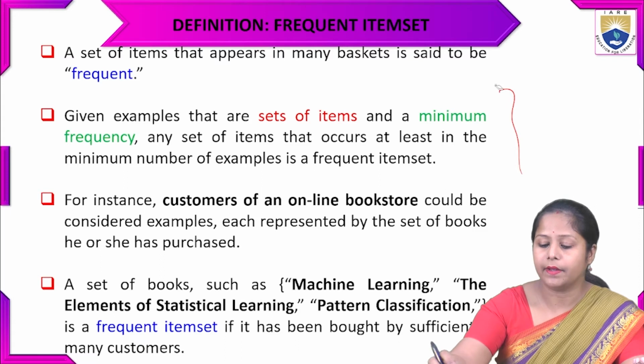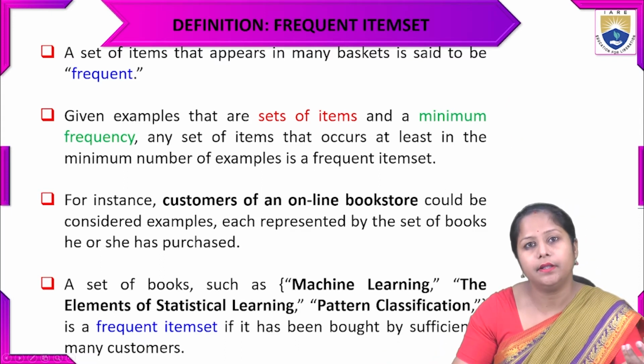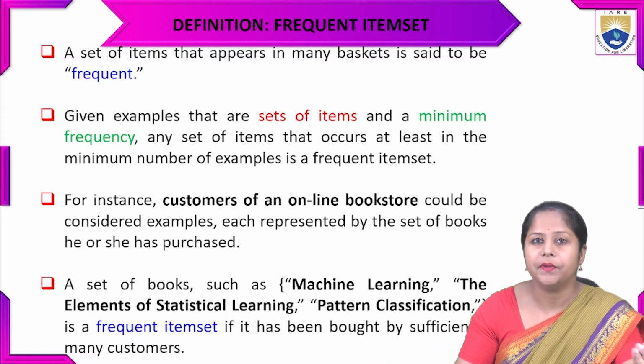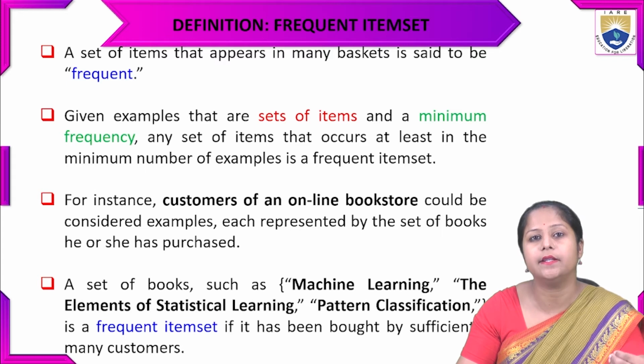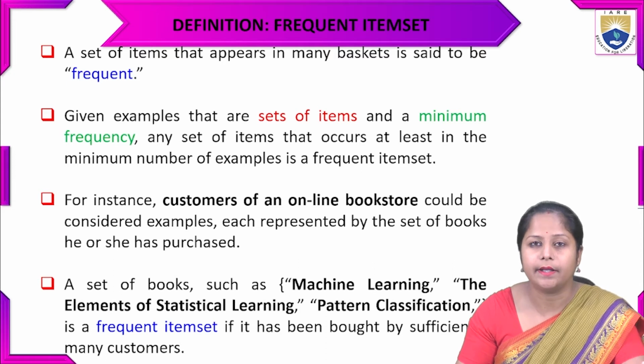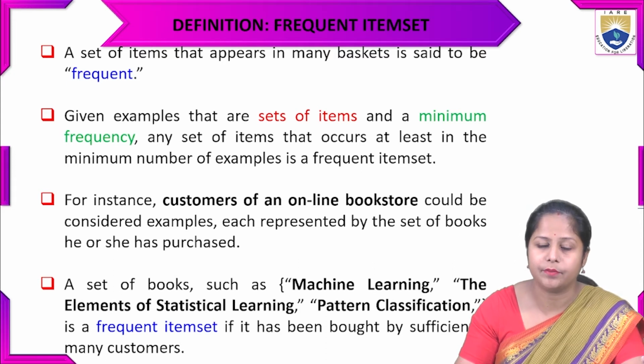So the item sets matching the minimum frequency are the frequent item sets for the whole of the items.